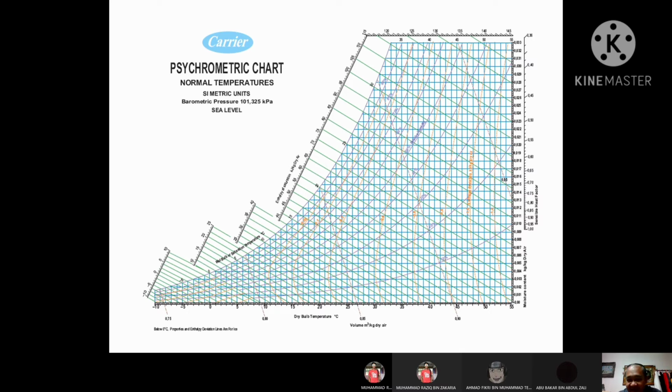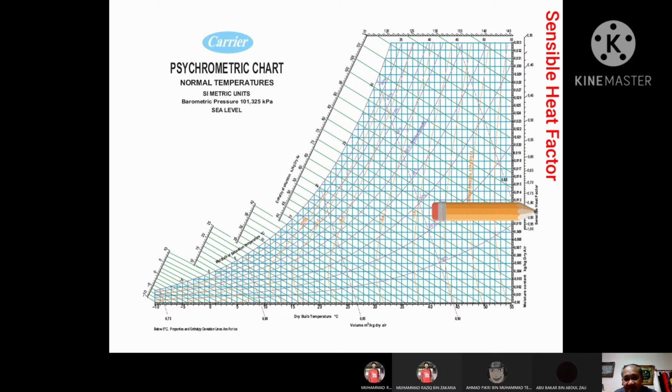I have printed the psychrometric chart in big scale so that we can read the wording or labeling on the psychrometric chart and the scales. Later on, you may have a hard copy of the psychrometric chart, so that you can see all the wording and labeling. Now we start from the right scale, sensible heat factor.